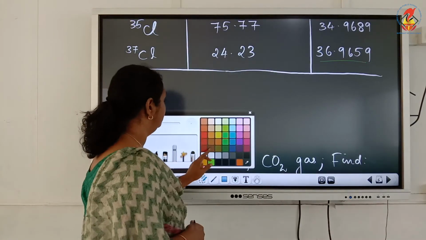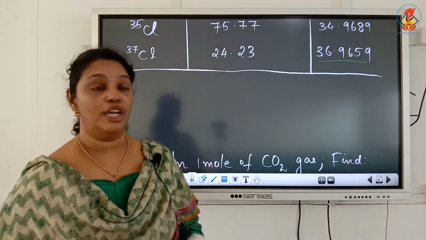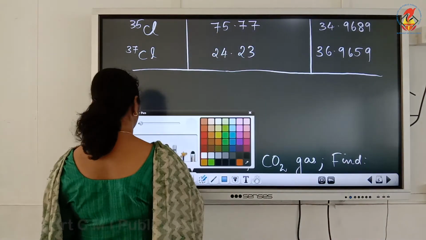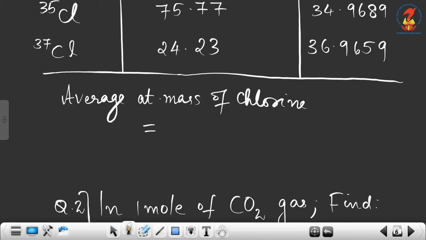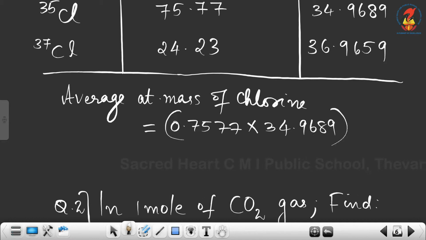So we are going to find the average atomic mass of chlorine. It is equal to, we know that the percentage abundance of chlorine-35 is 75.77%. So I am going to change that percentage, and it becomes 0.7577 into the molar mass 34.9689, plus the percentage abundance of chlorine-37, which is 24.23%.